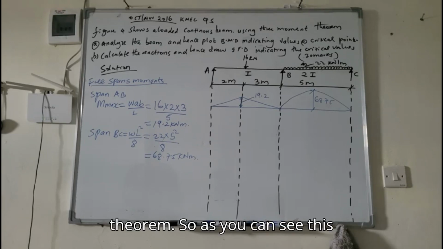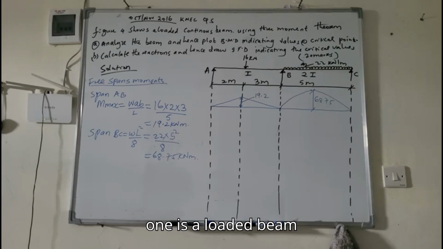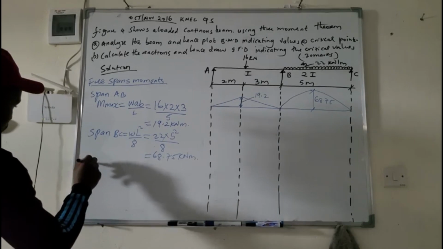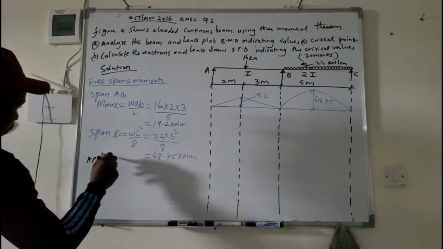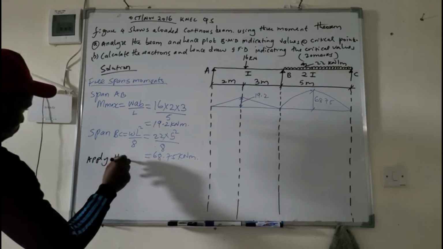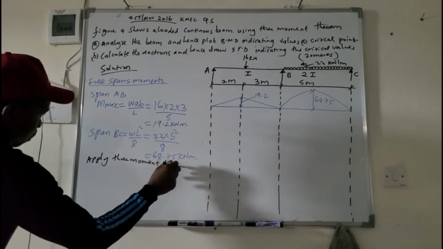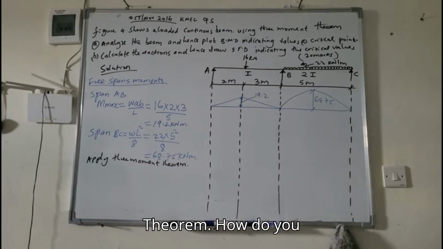As you can see, this is a loaded beam with a varying EI, or I. So now apply the three-moment theorem. How do you apply it?